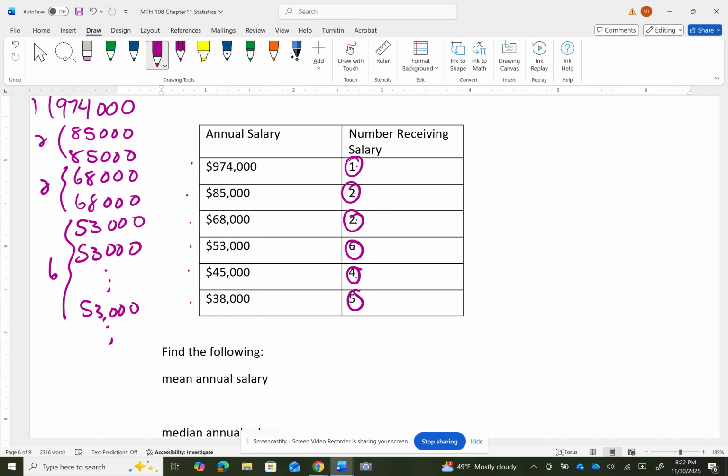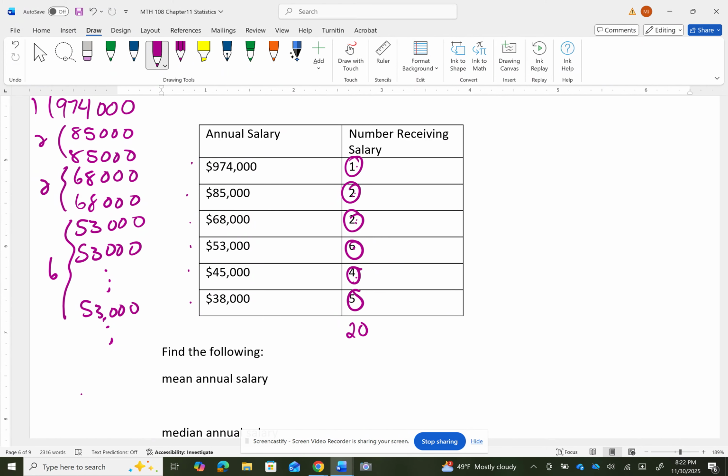There's really 20 data values. And if I wanted to, I could sit here and list them all. There'd be 4 of those, and then 38,000 would have occurred 5 times. And I could have typed them all in and added them up to get the total of all of those.